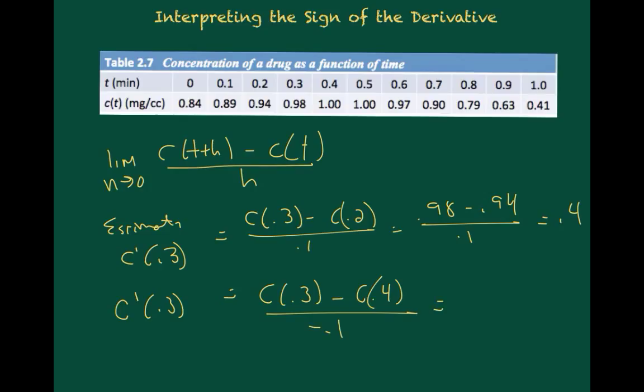And if we had done that, we would have found that the derivative had an estimate of 0.2 rather than 0.4. So there is admittedly some error when you are using a table. We can't be sure of the value of the derivative unless we have the formula for the function.